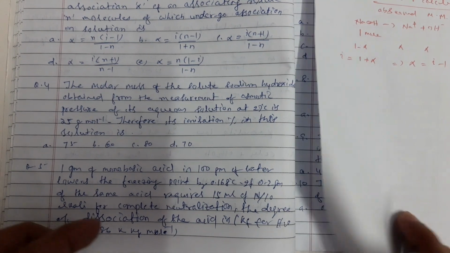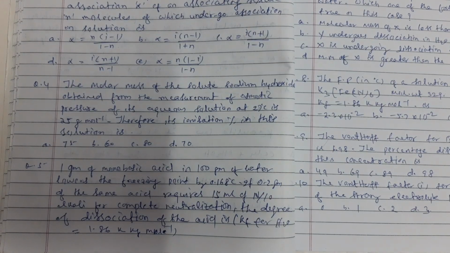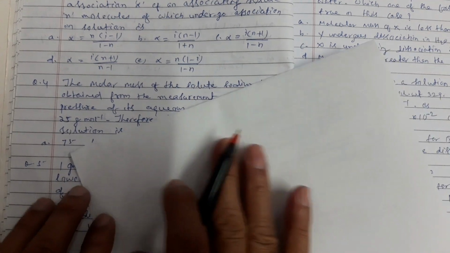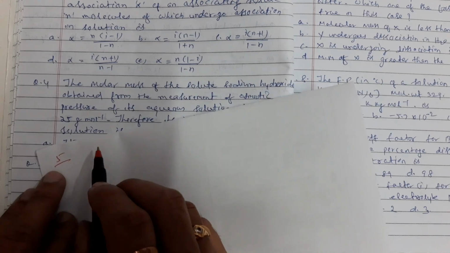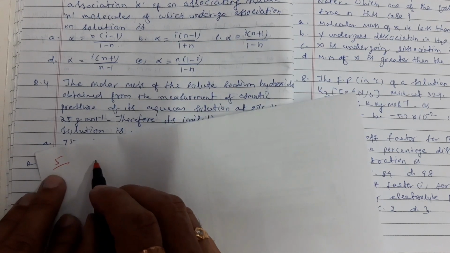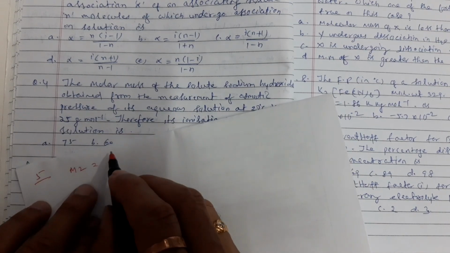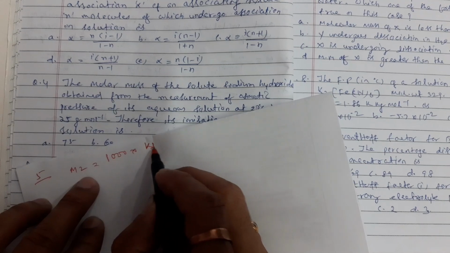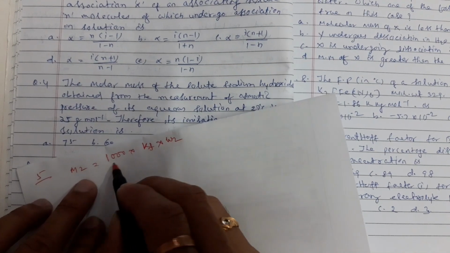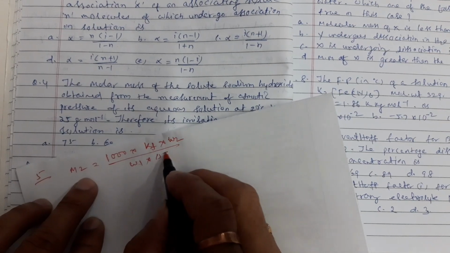Now we'll do question number 5, with the same procedure you apply. What to do? First the molecular mass of the acid, M2, is the calculation. The formula is 1000 multiplied by Kf multiplied by W2 by W1, divided by delta Tf.